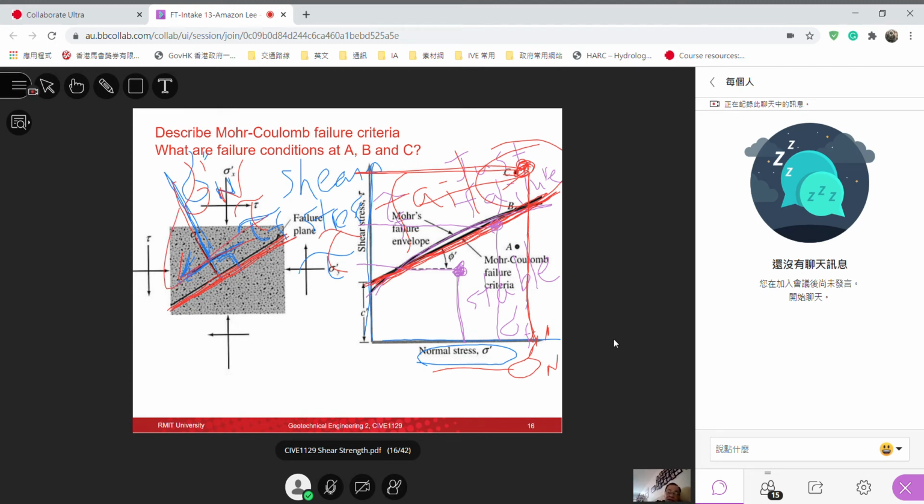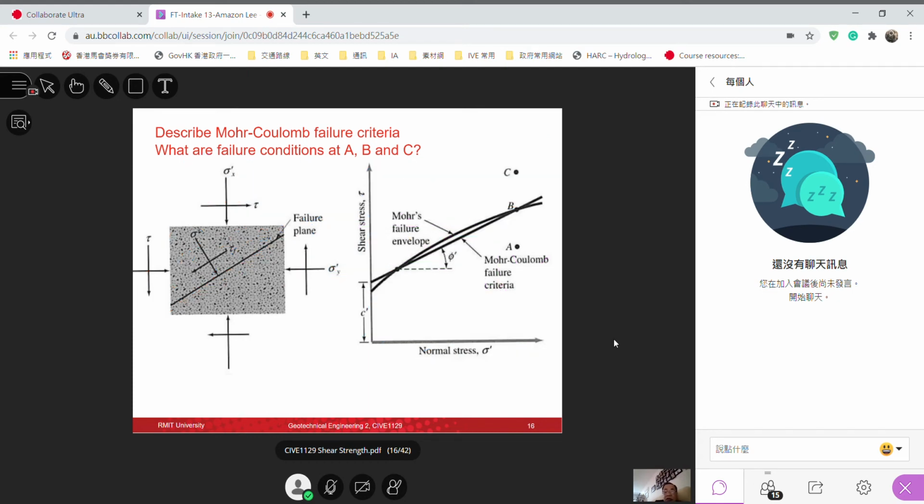This block of soil will slide down compared to the lower block. So the whole chunk of soil will fail.